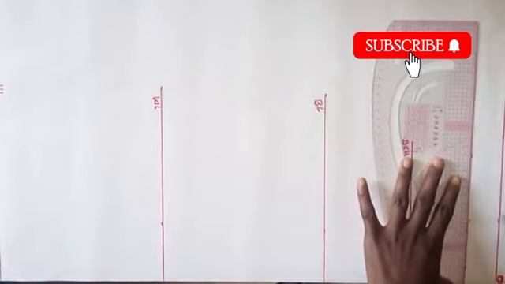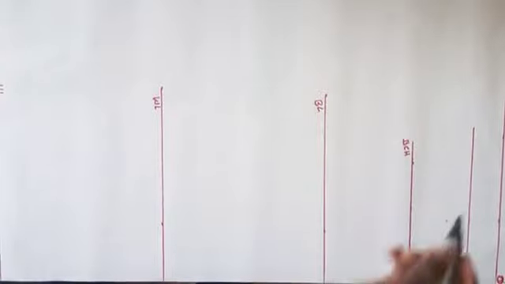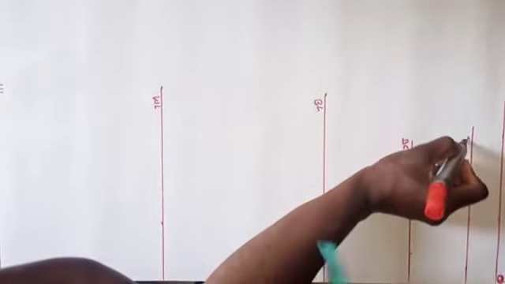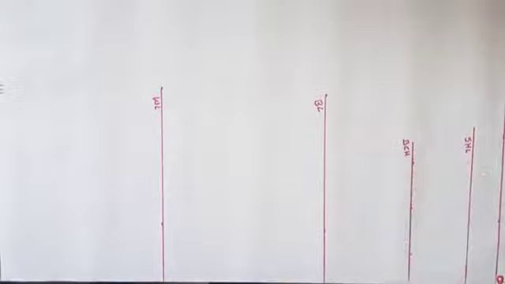Then I will draw a straight horizontal line like this. So this is our shoulder line. We will be labeling it SH.